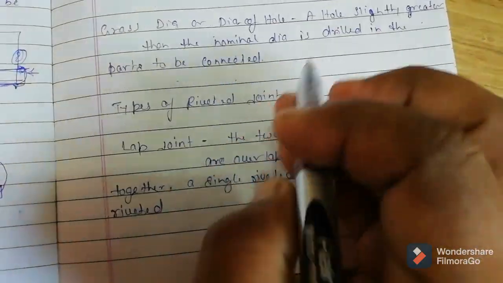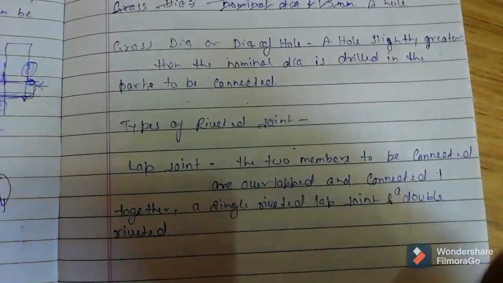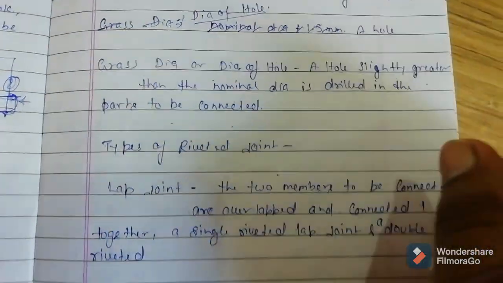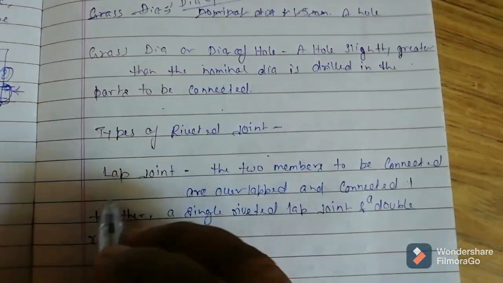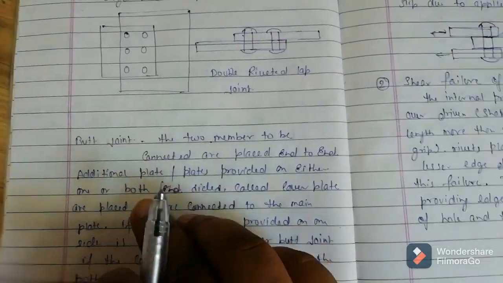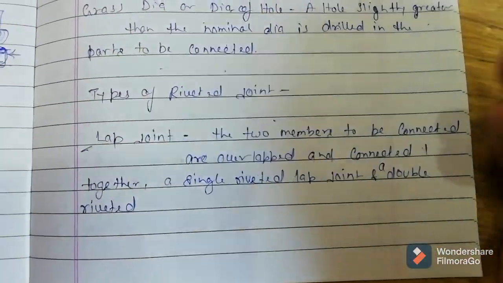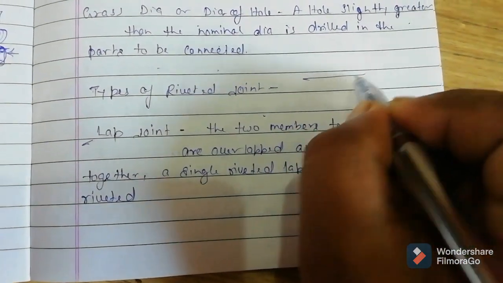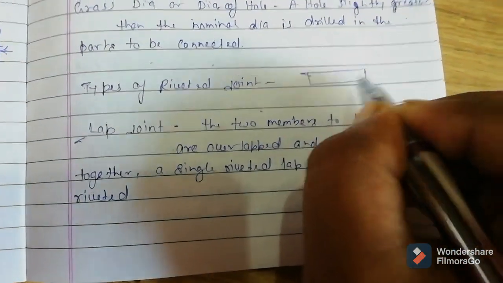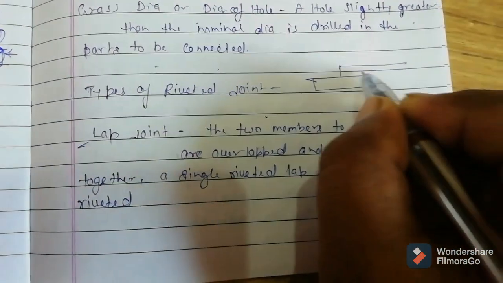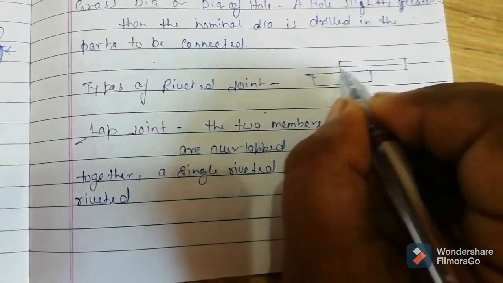So now next is the types of riveted joints. There are generally two types of riveted joints. The first one is the lap joint and the second one is the butt joint. When you talk about the lap joint, lap means overlapping. If this is a member, we overlap that. So this is called lap.